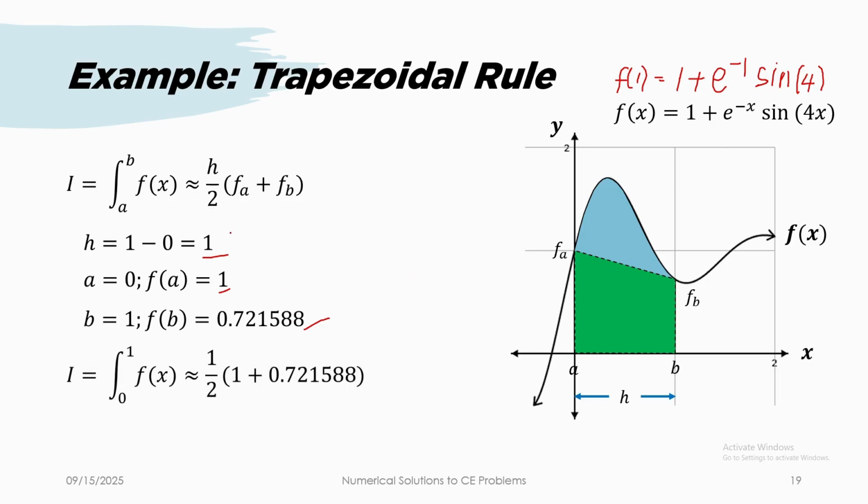And if we substitute these values, we now have all that is needed for the formula. We have h, we have f of a, we also have f of b.